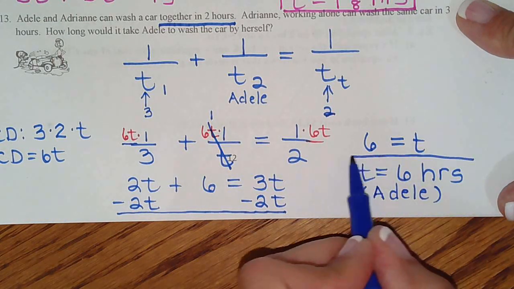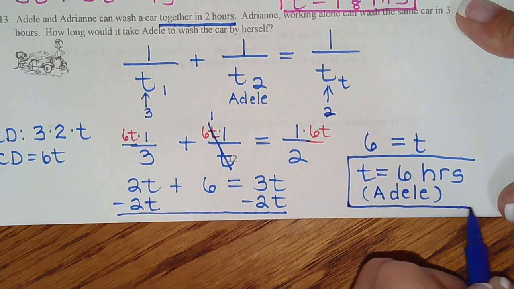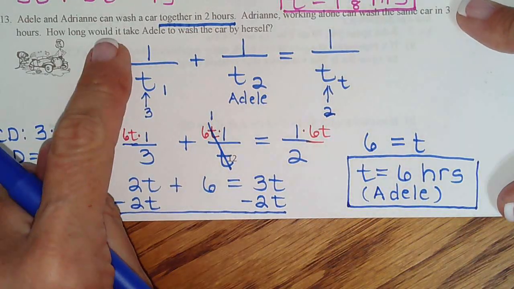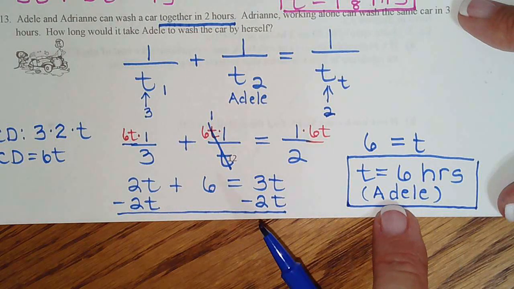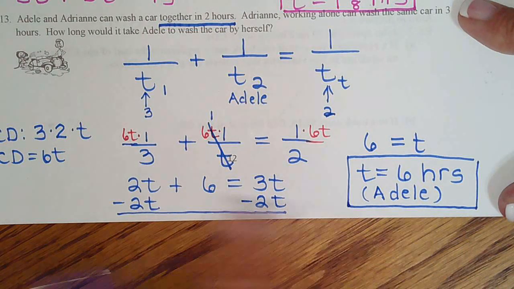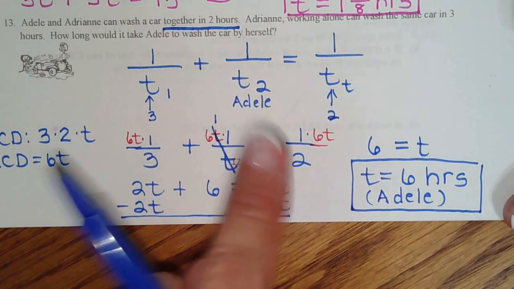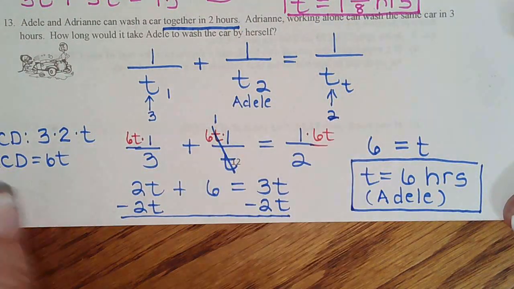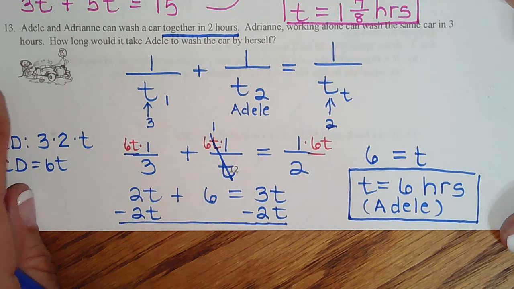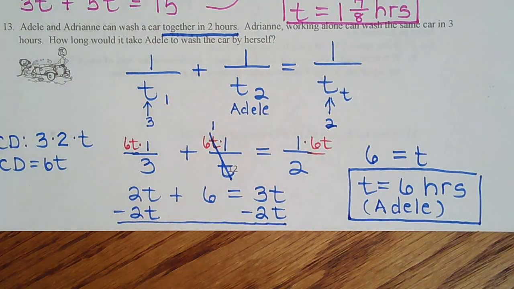If I had to write a full sentence, I would say Adele can wash the car in 6 hours. So Adrian can do it alone in 3 hours, working together 2 hours, but Adele alone would be 6 hours.